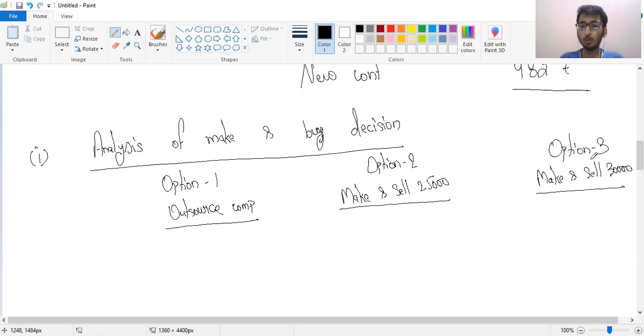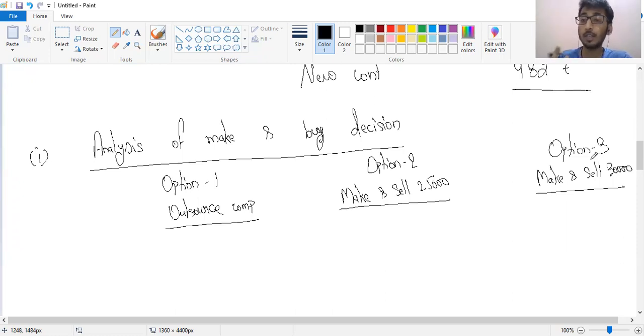So you can either make 25,000 and sell 25,000, or make 30,000 and sell 30,000. If you make and sell 25,000, you do not need to reduce the price by 5%, and you do not need to incur additional advertisement cost, because the additional advertisement cost is incurred just for the purpose of selling an additional 5,000 units.